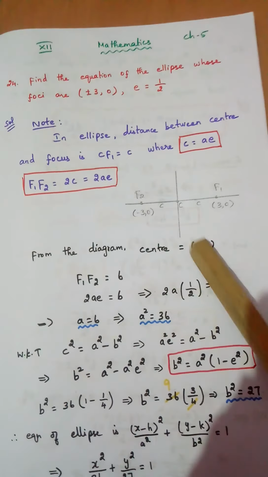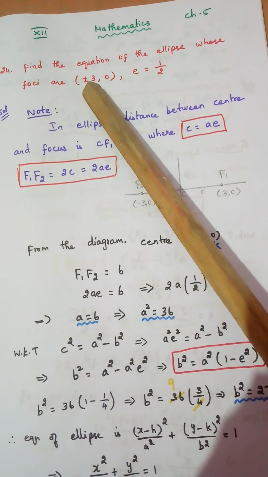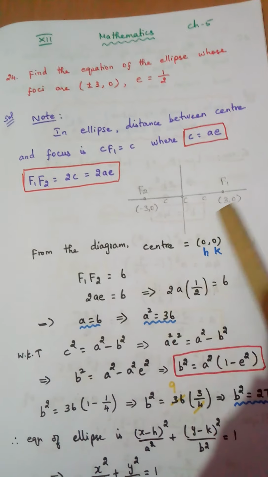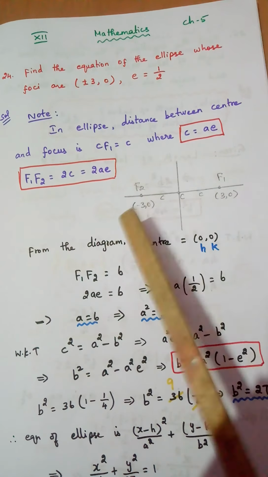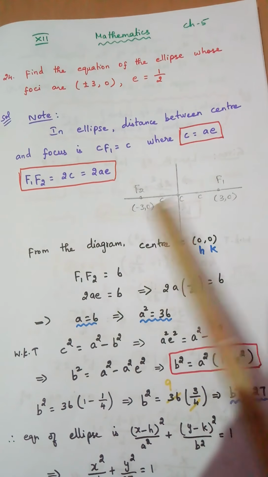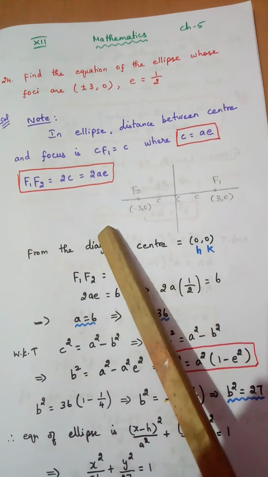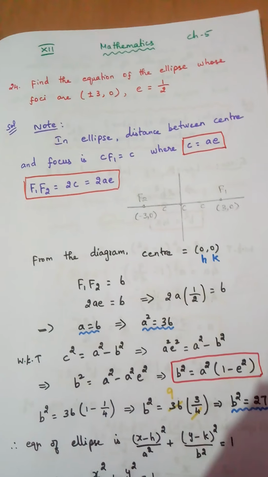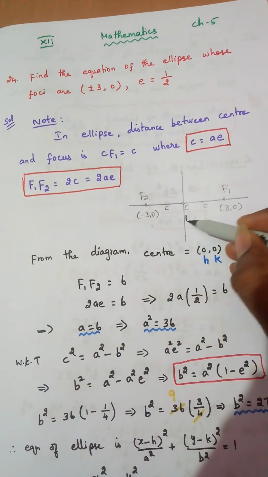Okay. Now we have drawn the diagram. Since the foci are given to us as plus or minus 3, 0, we marked 3, 0 and minus 3, 0 as two foci. This is focus 1 and focus 2. Clearly we can see now the midpoint of these two points. If you calculate the midpoint of F1 and F2 using the midpoint formula, the answer will be 0, 0.